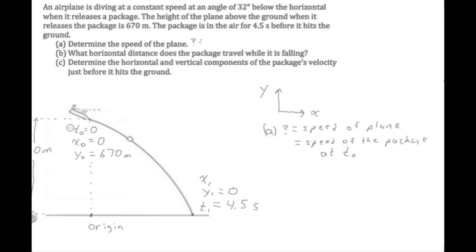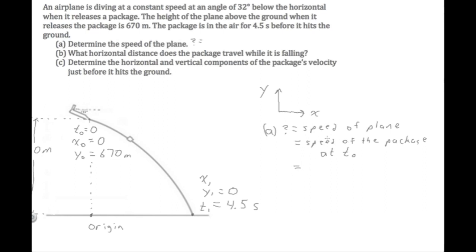And therefore, at the instant the package is released, it still has the same speed as the plane, because there hasn't been time for that speed to change. So right at this point, right when the package is released, it still has the same speed of the plane. So if we can find the speed of the package at time 0, that will also tell us the speed of the plane. Now we need to translate this into a physics concept.